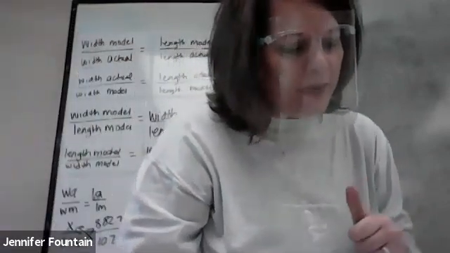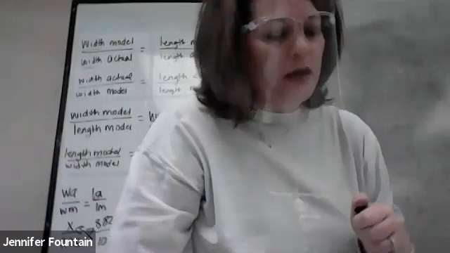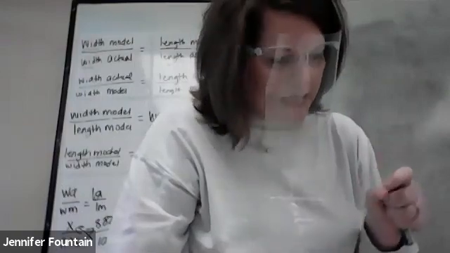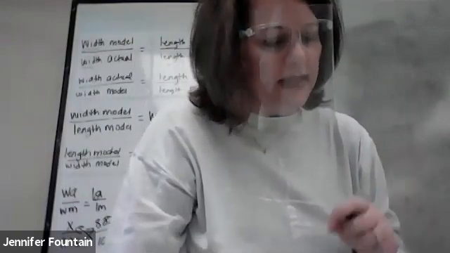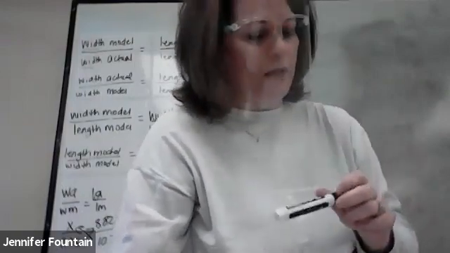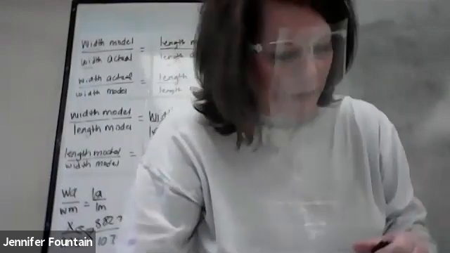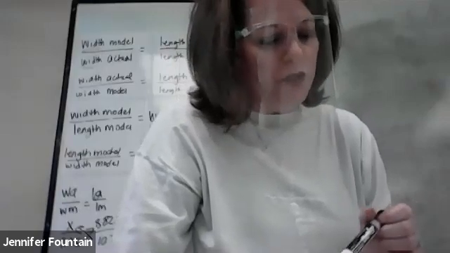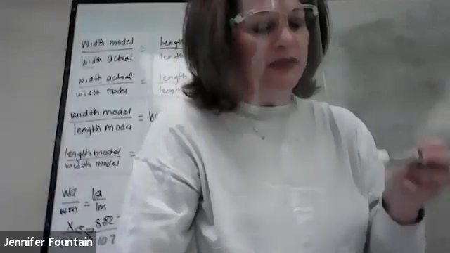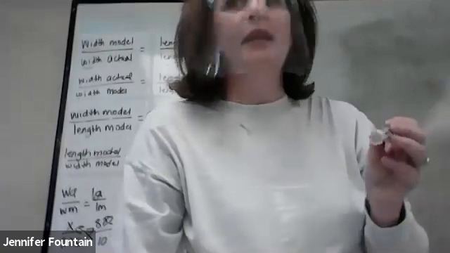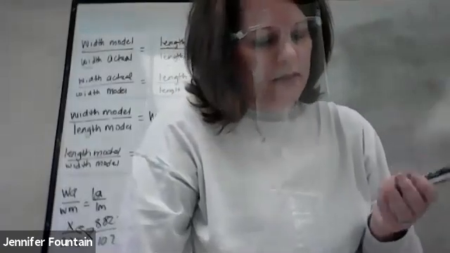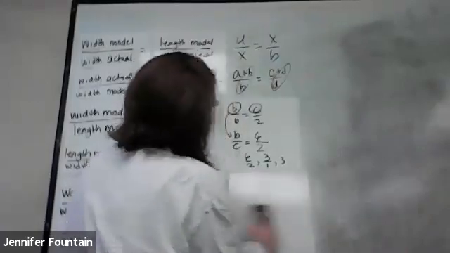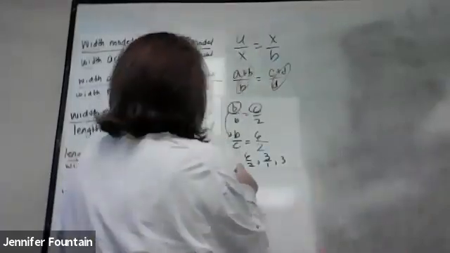Number 4, decide whether the statement is true or false. If R over S is equal to 6 over 15, then 15 over S is equal to 6 over R. True. Good, true. Because notice when I multiply in the first one, R over S equals 6 over 15. What do I multiply S by? 6.